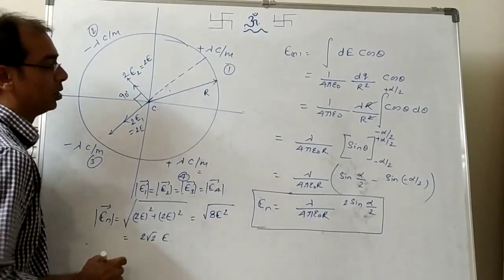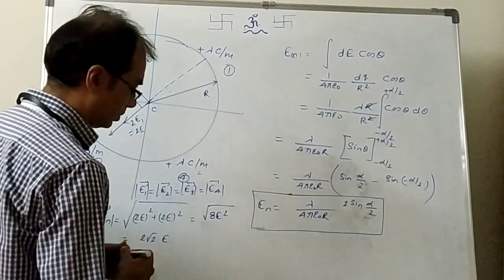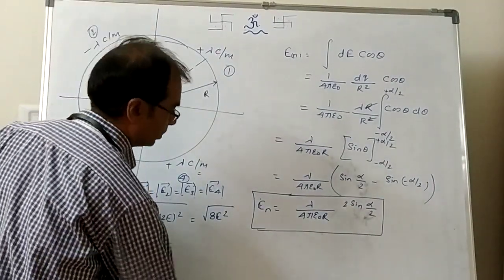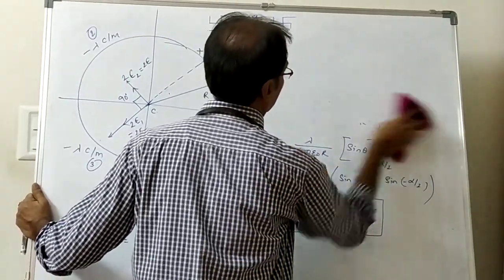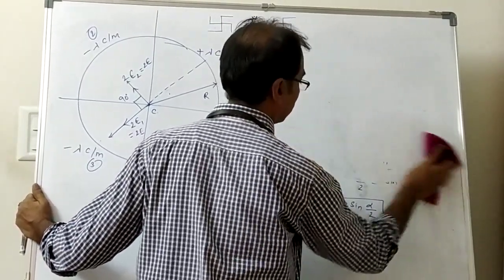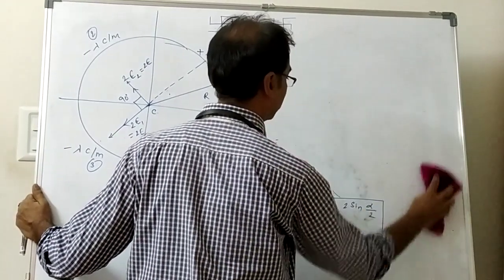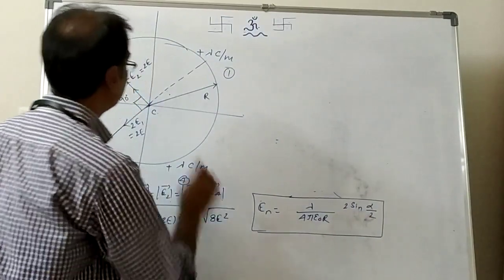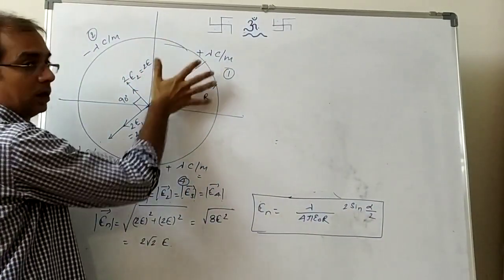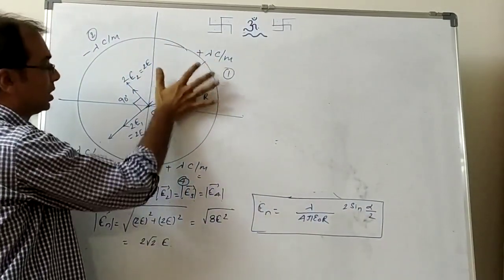Now, this E we are going to find from this formula. Now, this is a quarter of a circle or half a circle? Quarter of a circle. So alpha is 90 degrees. E is because of one section only, because of this section alone.